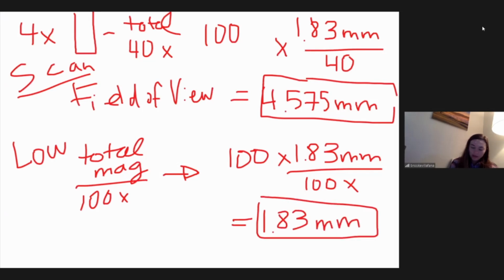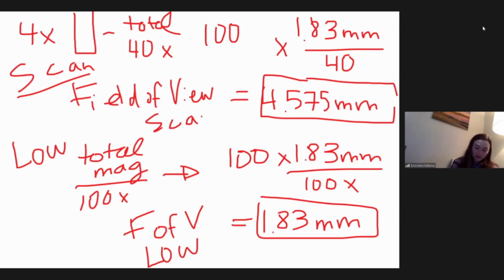So basically, I'll write FOV, the field of view for low power is 1.83 millimeters. The field of view for scanning power is 4.575 millimeters. So you guys can memorize these, okay? That's going to cut out lots of time on your exam, and I'll show you what you do with the field of view formulas in just a second.